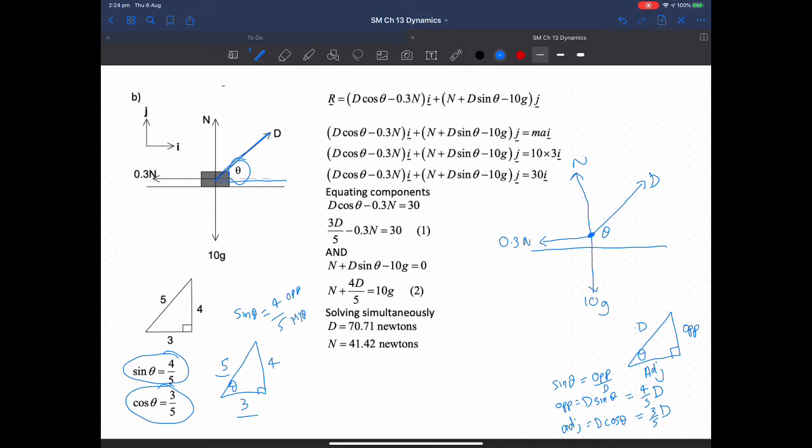I'm going to resolve D. What we have going horizontally is going to be 3/5 D, or you could say at this point D cos theta.